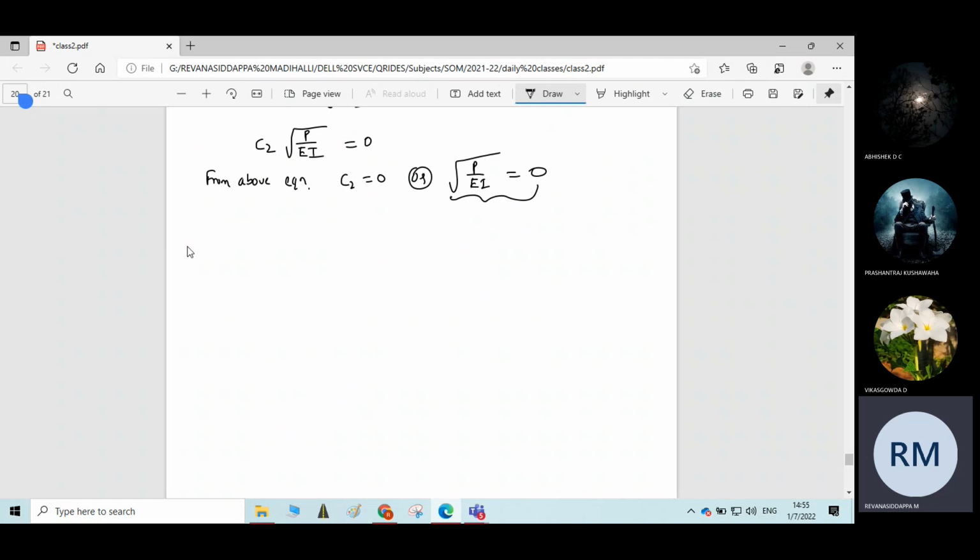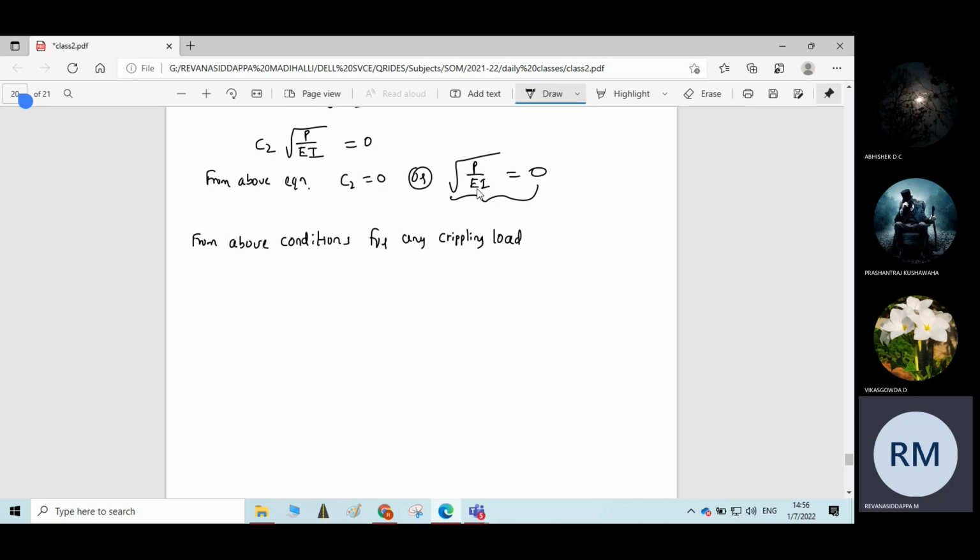Therefore, from the above conditions, for any buckling load or crippling load, it has some value of load.